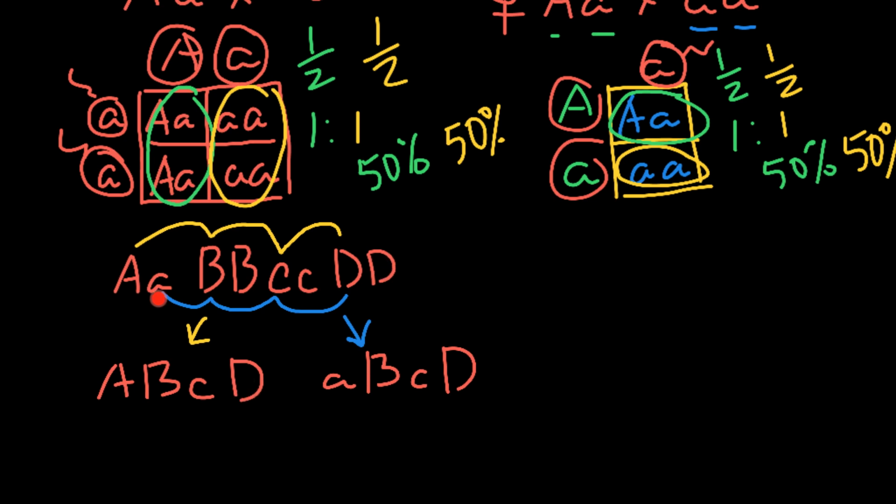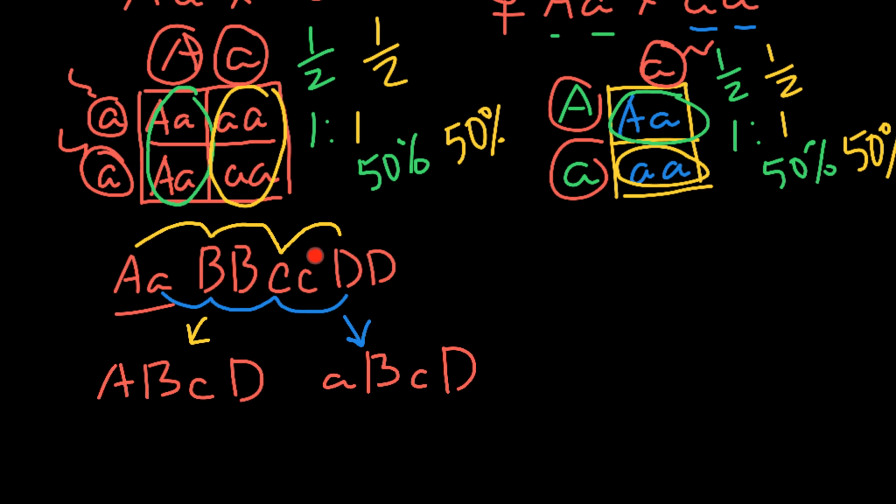So we have 4 genes here, but actually what is important is only how many heterozygote genes we have here. So if gene A is heterozygous, then we would have only 2 combinations here.